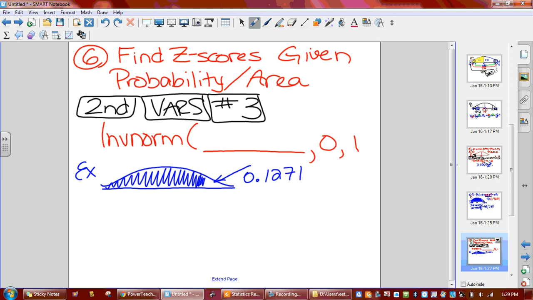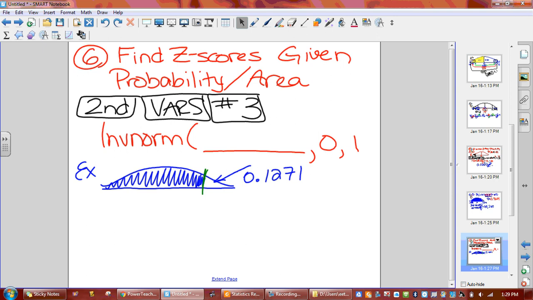So, if I have an unshaded part, I want to find the shaded part. How can I find the shaded part if they only give me the unshaded part? What does the whole thing have to add up to? Minus 1 to 1, it's all going to add up to 1.0. So you're going to take 1.0 and you're going to subtract that.